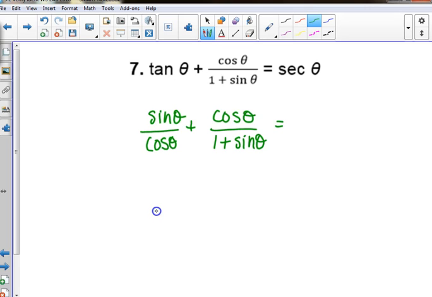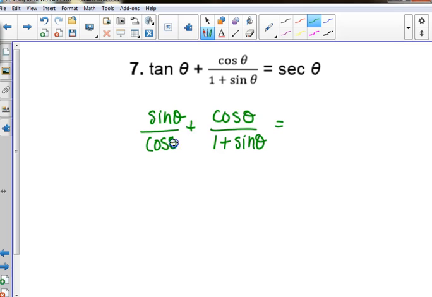We could do a conjugate. Yeah, because if we multiply this by 1 minus sine over 1 minus sine, we're going to get 1 minus sine squared in the denominator, which is a cosine squared, which, well, actually the cosine would then cancel, and then we would be able to have a common denominator.